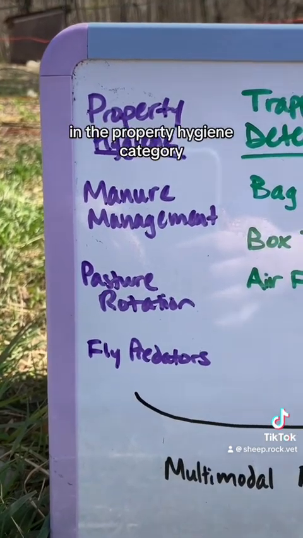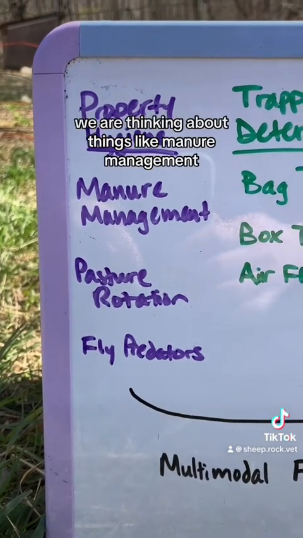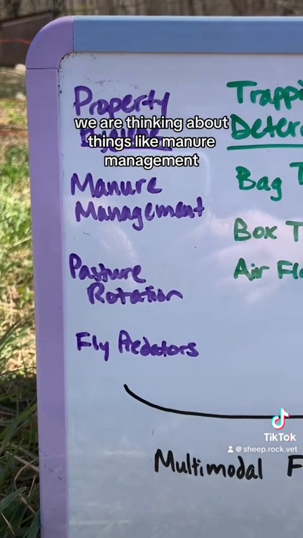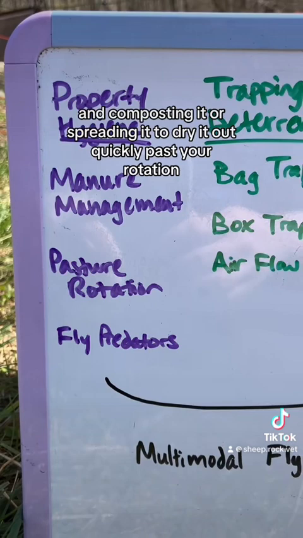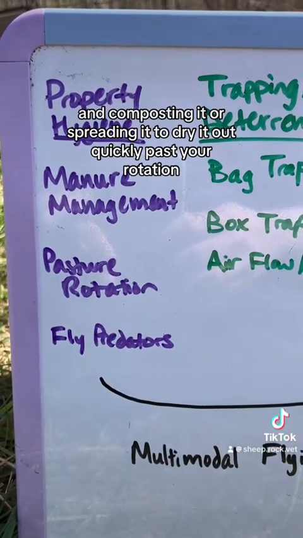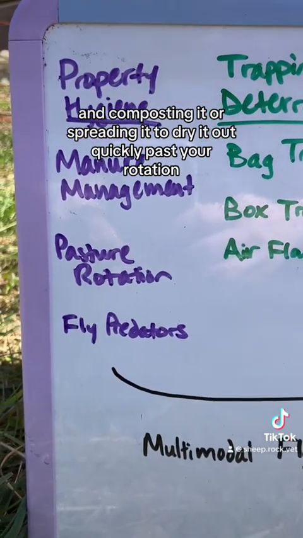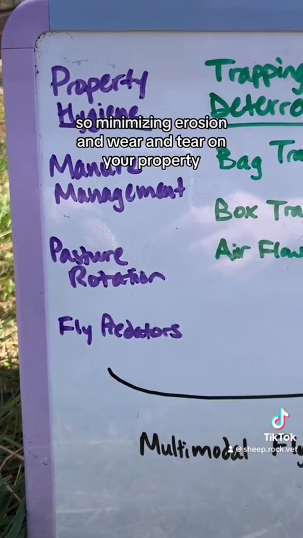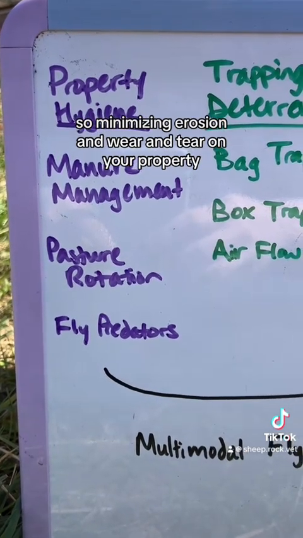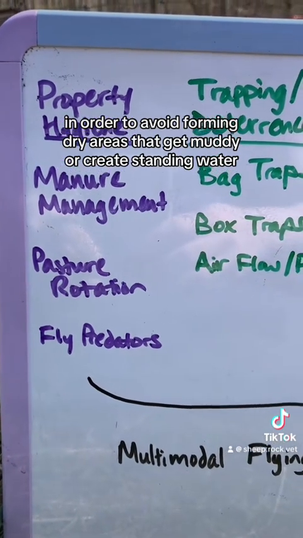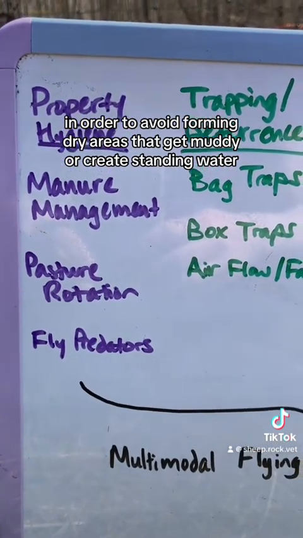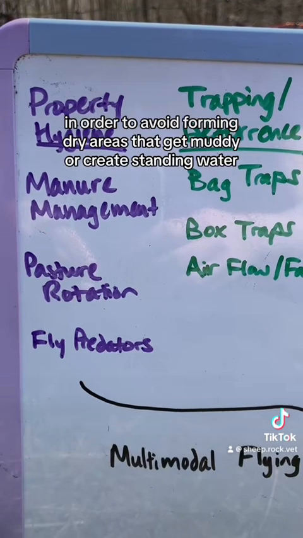In the property hygiene category, we are thinking about things like manure management, so promptly cleaning up manure and composting it or spreading it to dry it out quickly. Pasture rotation, so minimizing erosion and wear and tear on your property in order to avoid forming dry areas that get muddy or create standing water.